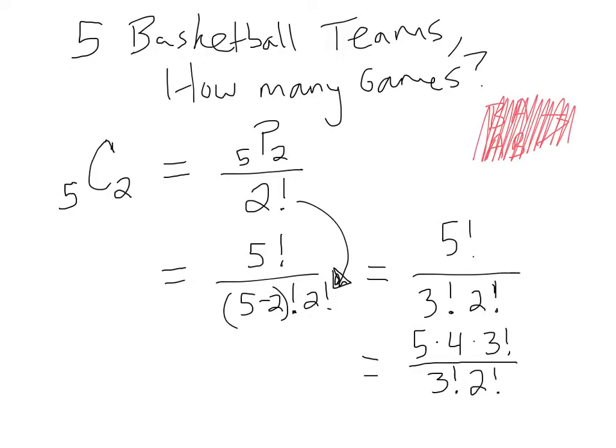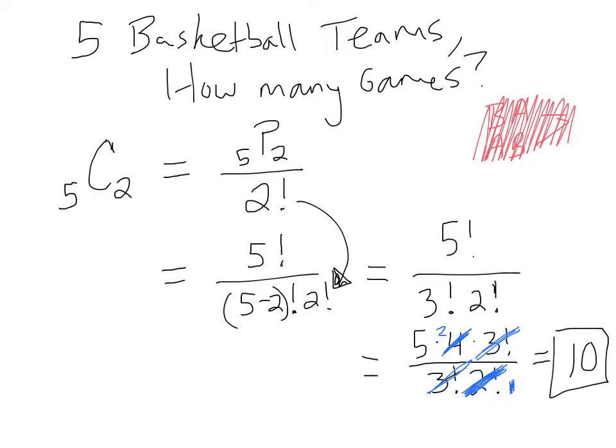You can see that 3 factorial will cancel with this 3 factorial. And 2 factorial is just 2 times 1, so it's really just 2. So we can divide a 2 from the numerator, 4 becomes 2, and the 2 in the denominator becomes 1. Really, the number of unique matchups is 10.